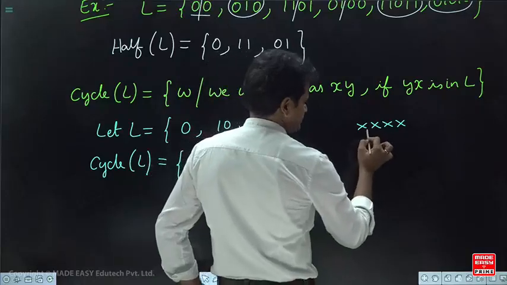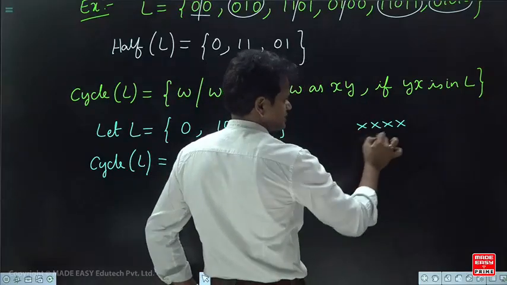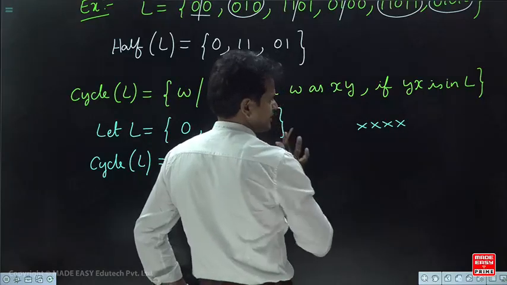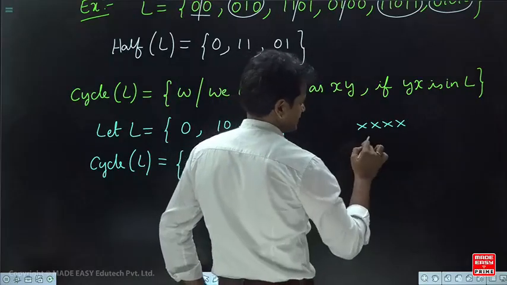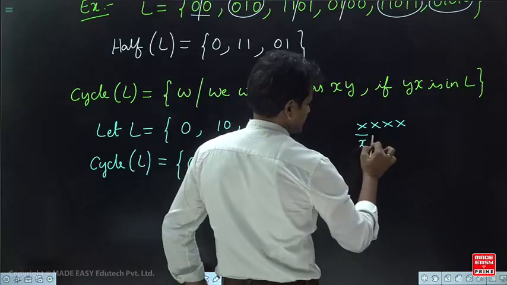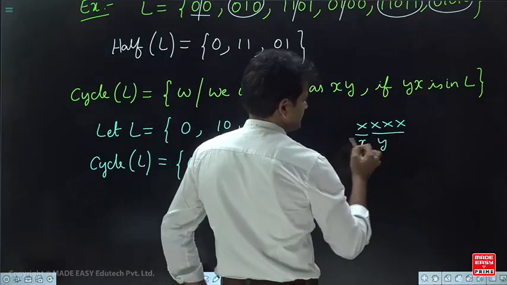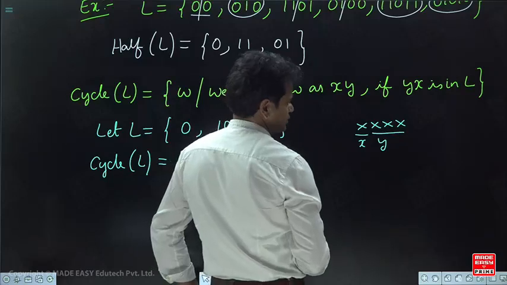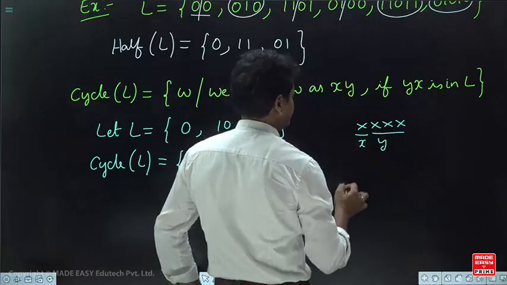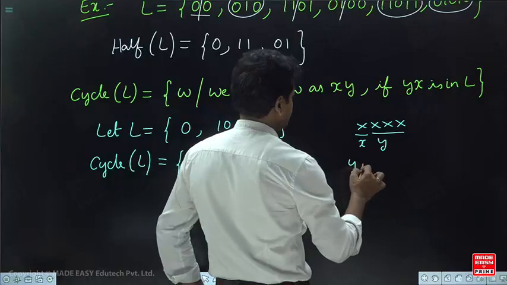You divide this into 2 parts. This whole string will be in cycle of L. Other than that, suppose we divide into two parts, x and y. So x is this one, y is this one.